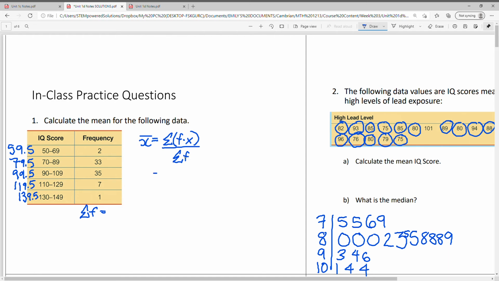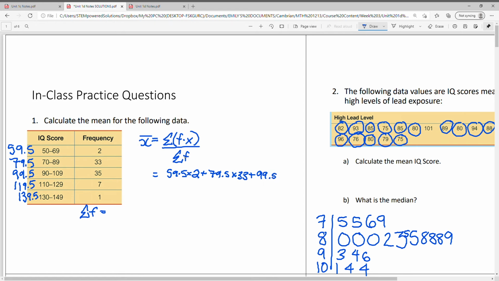So to apply this formula, we're going to take 59.5 and multiply by 2. We'll add this to 79.5 multiplied by 33. Next, we're going to add 99.5 times 35.